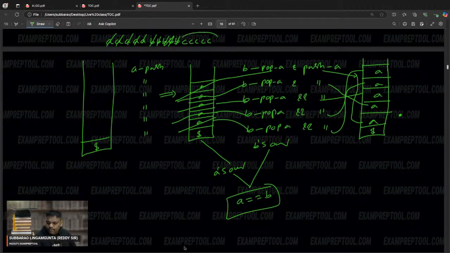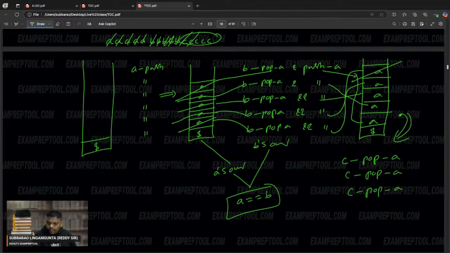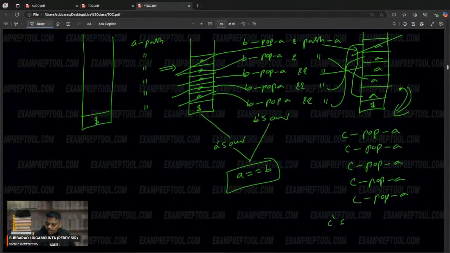Now C's are there. For every C, pop A. C is coming, pop A. C is coming, pop A. Like that, C is over, and interestingly the stack is also empty, with the dollar coming in.